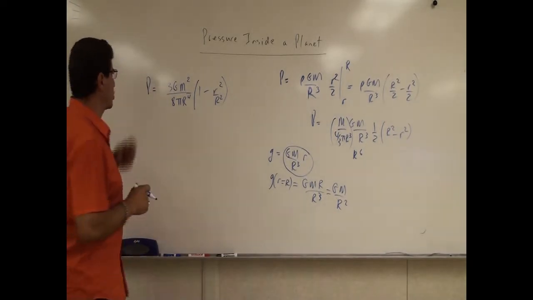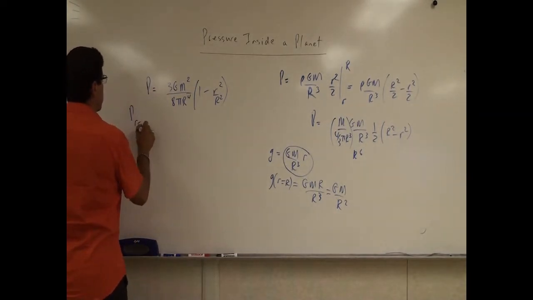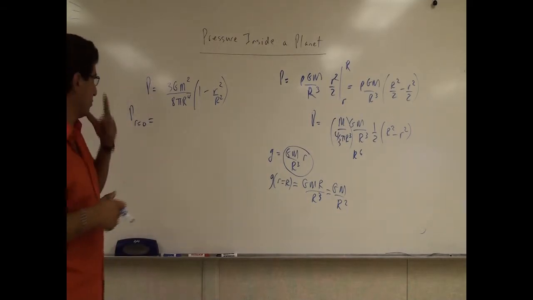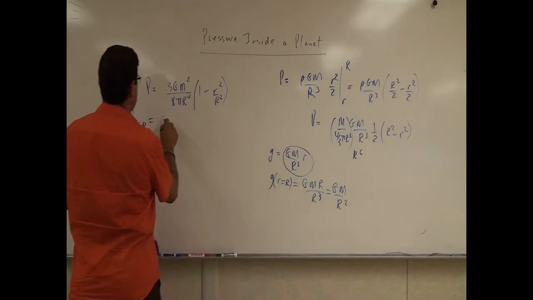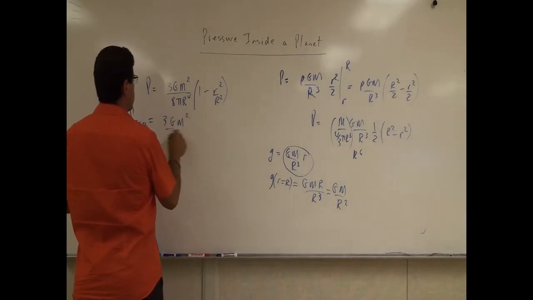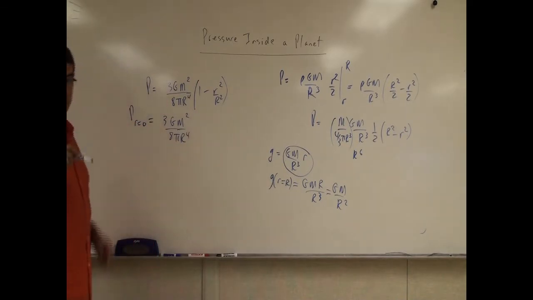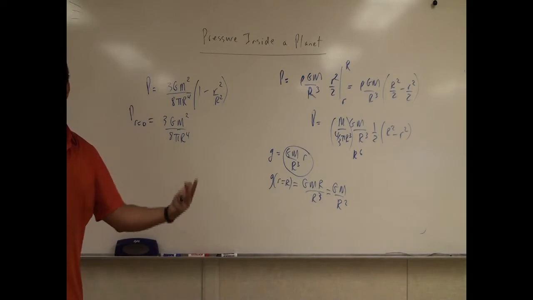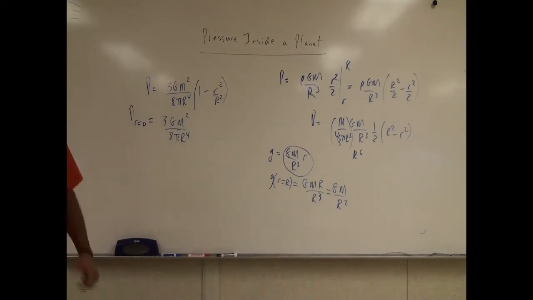So what is that showing you? The pressure at the radius of 0, at the center of the planet, is going to be the greatest pressure, right? So when r is equal to 0, you're going to have this. This is going to be the pressure at the center of the Earth or the center of any other planet whose density can be modeled as uniform.